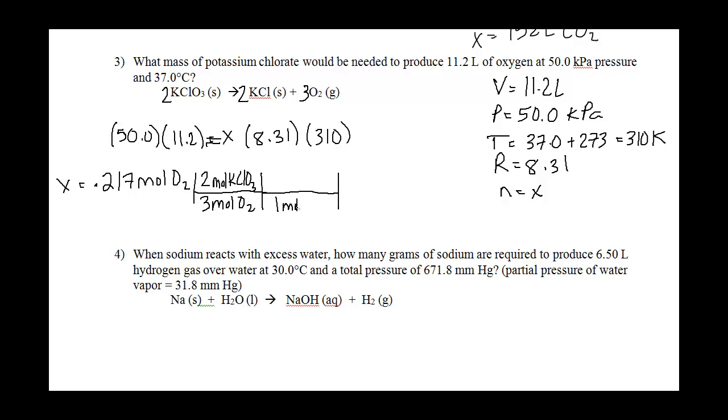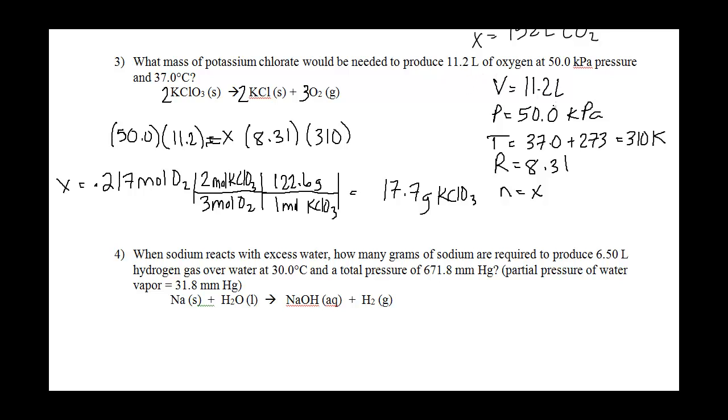So to go to grams, the molar mass of potassium chlorate, 1 potassium plus a chlorine plus 3 oxygens, is 122.6 grams. So I'm going to take this mole I found times 2 divided by 3 times 122.6. To produce this, I would have to have 17.7 grams of my potassium chlorate. So that many grams is needed to produce my 11.2 liters of oxygen.